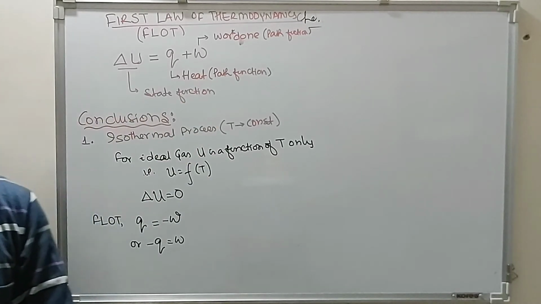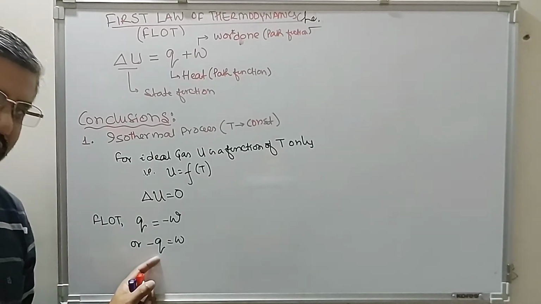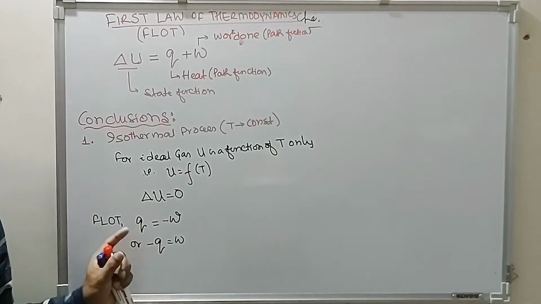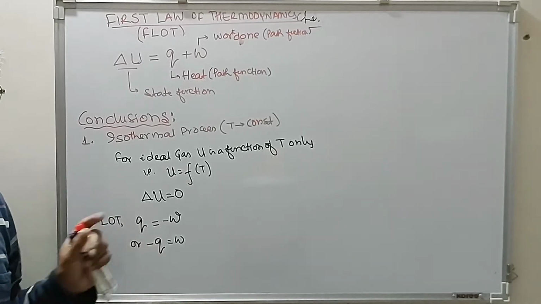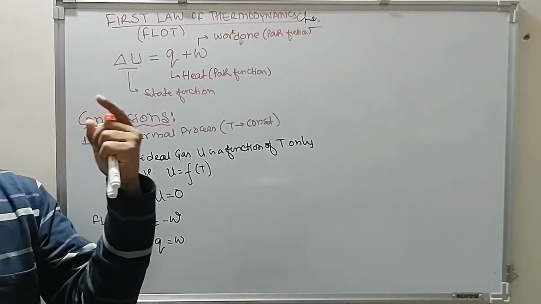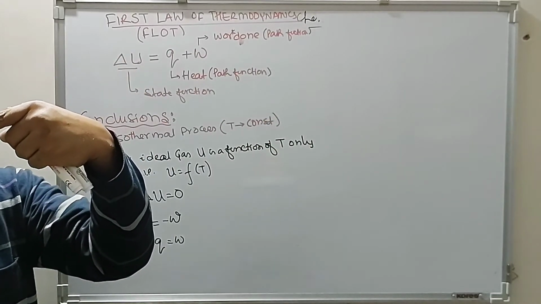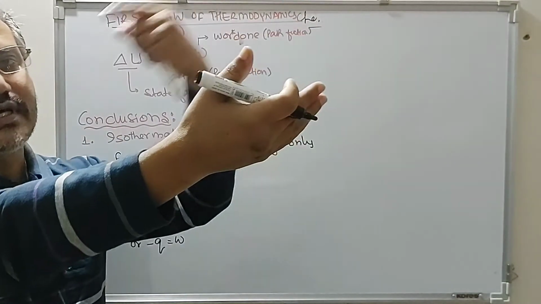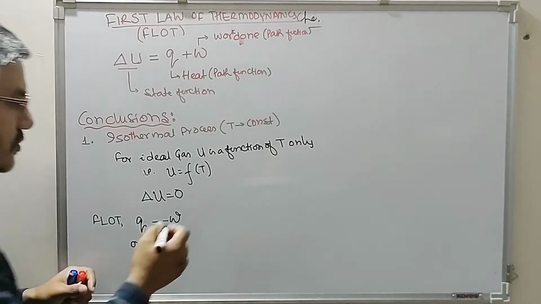If the system is absorbing heat from the surrounding, then a corresponding amount of work should be done by the system on the surrounding. Or look at the second, Q is minus, so heat is released by the system. If the system is releasing heat to the surrounding, then correspondingly the surrounding has to do work on the system. So the system releasing energy to the surrounding, the surrounding will do the corresponding amount of work on the system. So look at this.